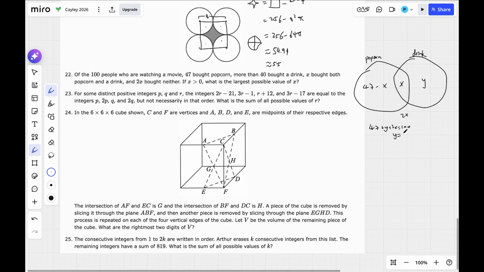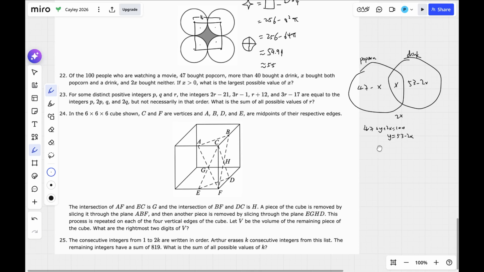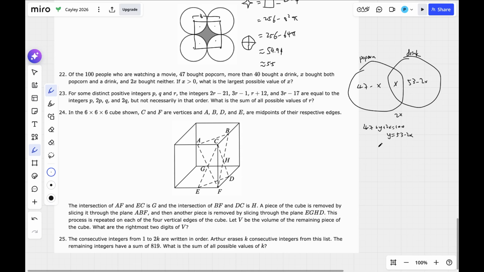Now we need to figure out how many people bought a drink. Since in total this is 100, let's call the number of people who bought a drink but not popcorn Y. Then 47 plus Y plus 2X is equal to 100, so Y is equal to 53 minus 2X.